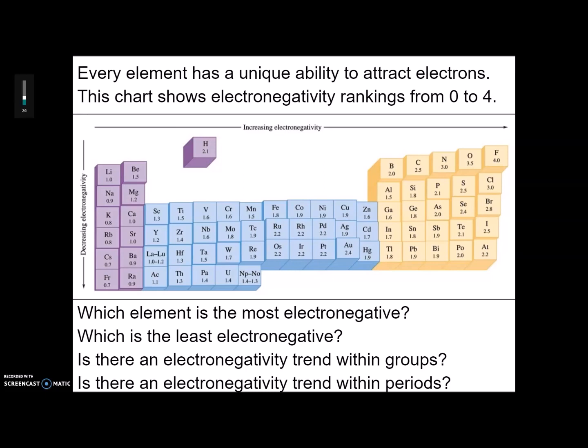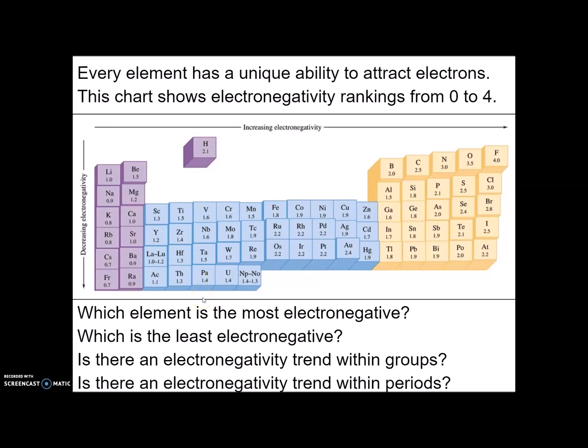They'll always either be given to you, or if you just remember that the greater electronegativity values are found further to the right and higher up in the periodic table, in other words, towards fluorine in the upper right corner, then you'll be able to pick out the most electronegative element in a bond in almost every scenario. And if it's not a scenario where you can easily pick it out, then it's not a fair question.